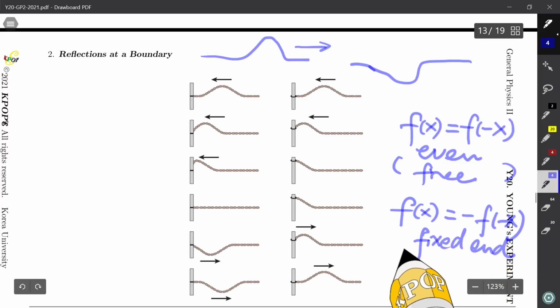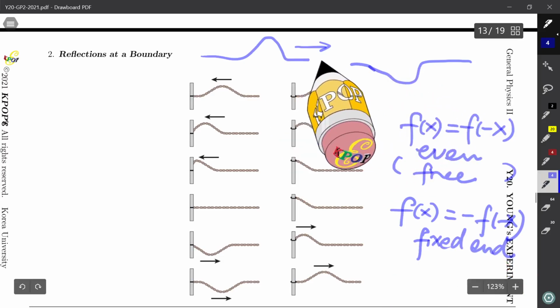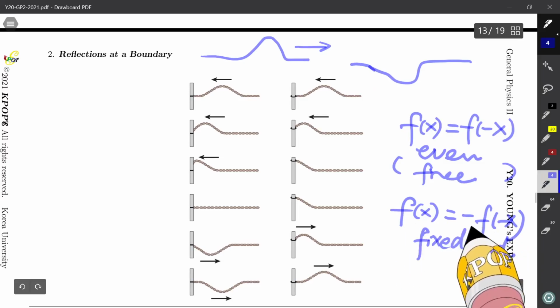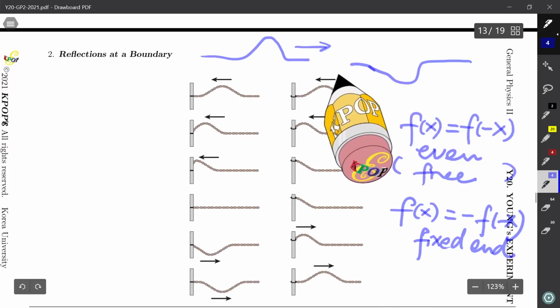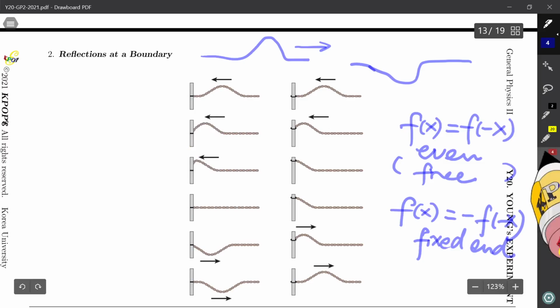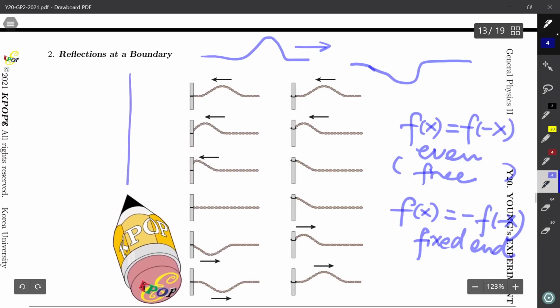In the fixed end case, when they collide, because of the odd nature of this function, if we sum the two waves, it is always vanishing at the boundary.